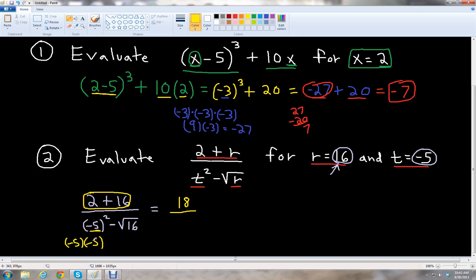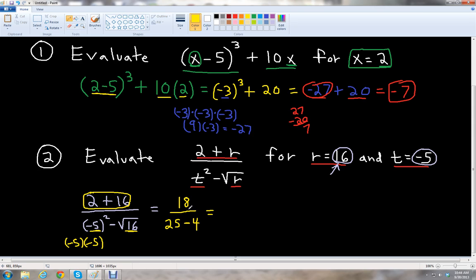Negative times negative is positive, so 5 times 5 is 25. And then minus the square root of 16. What number times itself is 16? That would be 4 times 4, so the square root of 16 is 4.